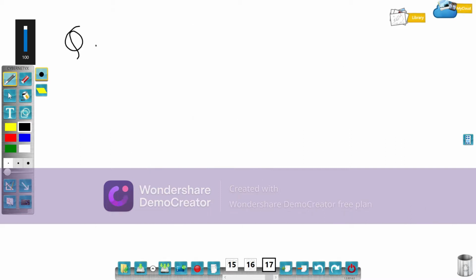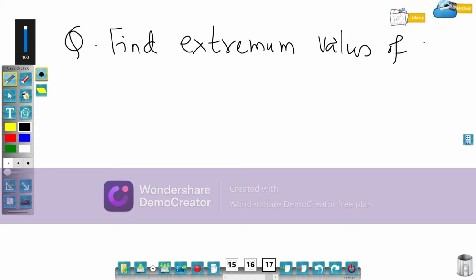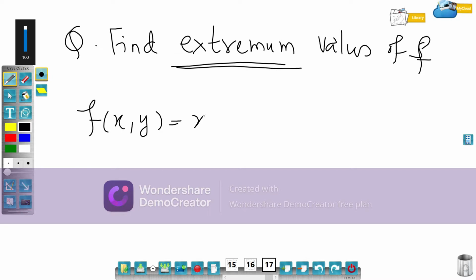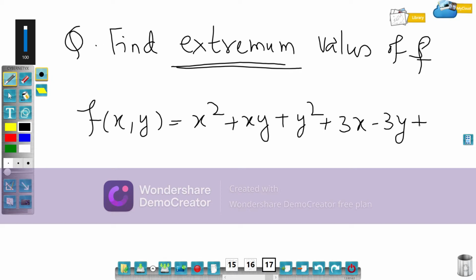So the question is, find the extremum values of f. When I say extremum, that means it is either maxima or minima. The function is given as f(x, y) = x squared plus xy plus y squared plus 3x minus 3y plus 4.